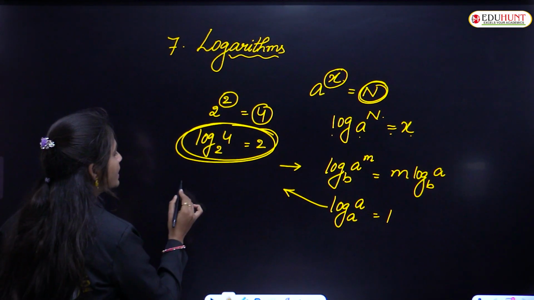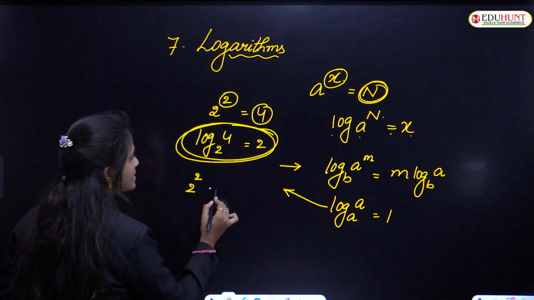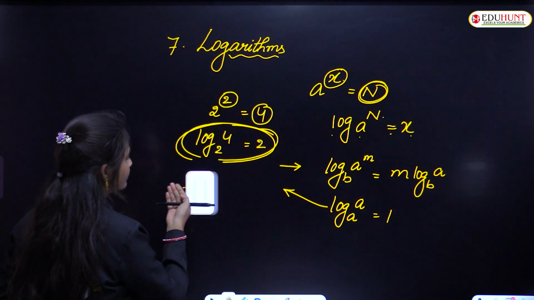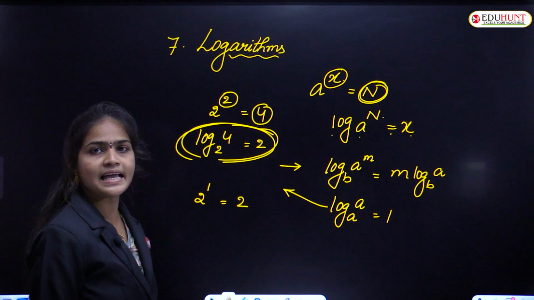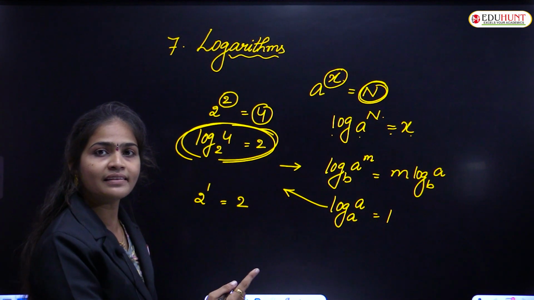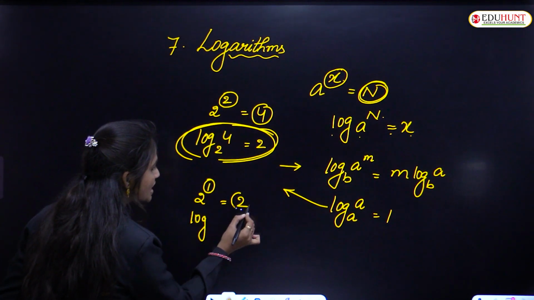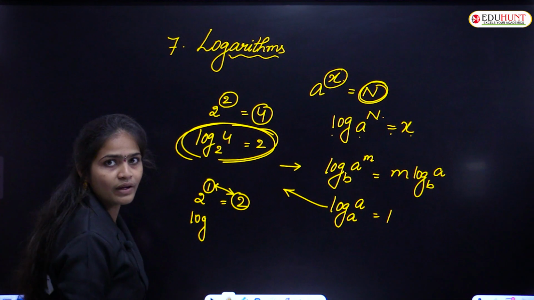Actually we know that 2 power 1 is equal to 2. Yes or no? The value of 2 power 1 is equal to 2. By applying the logarithm, we just transpose these two values.